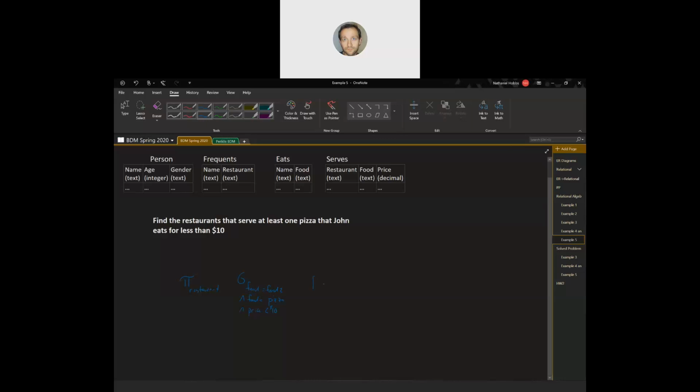And eats cross product, food equals food 2 of serves.